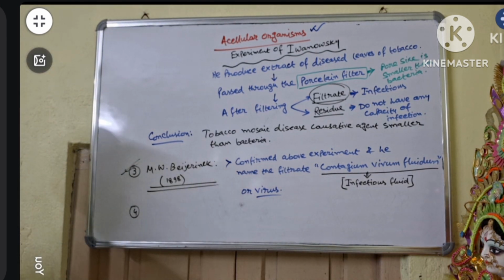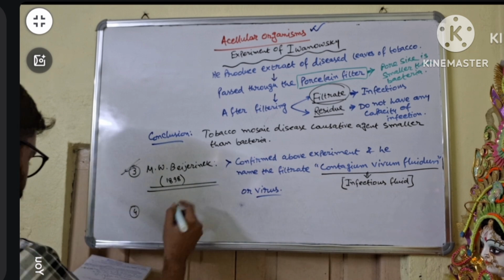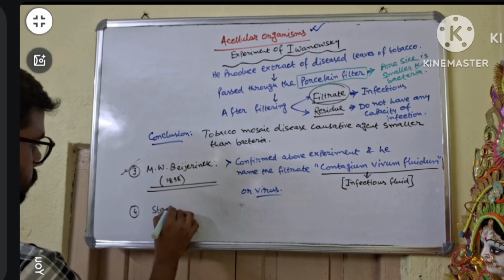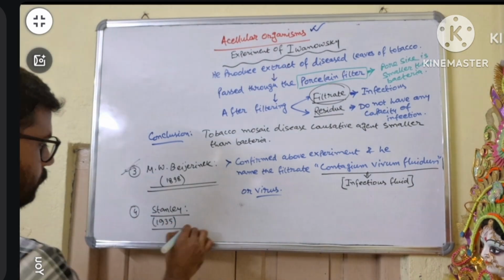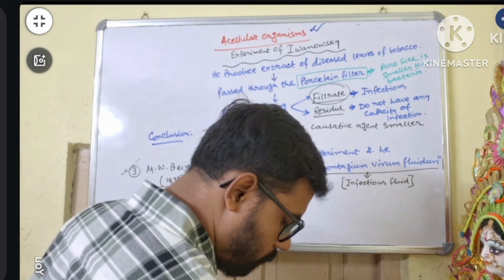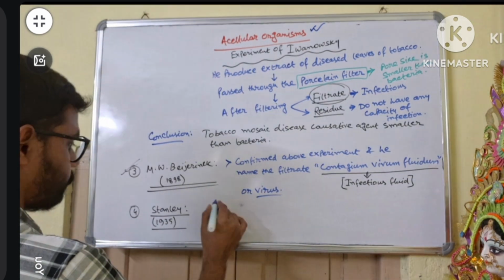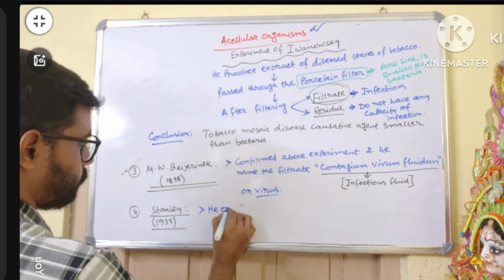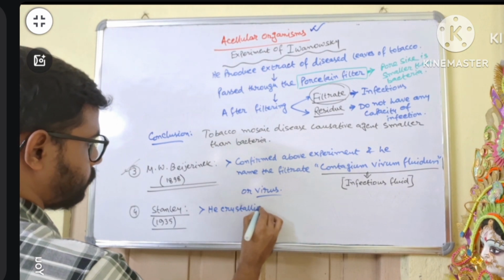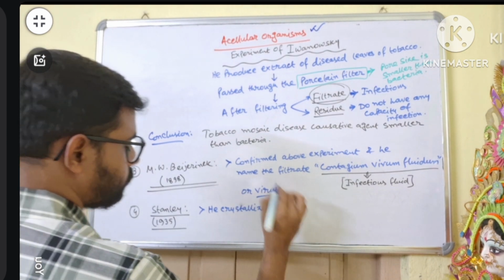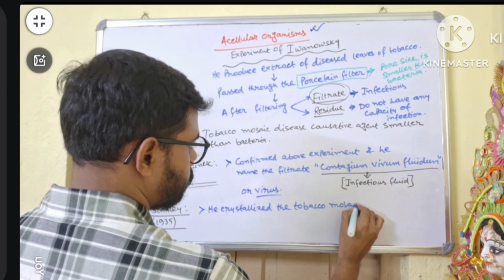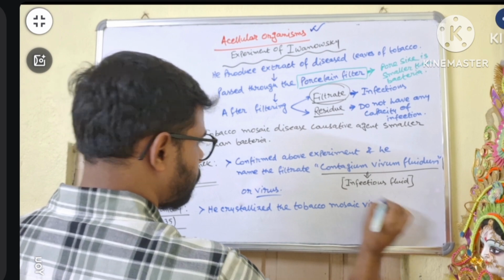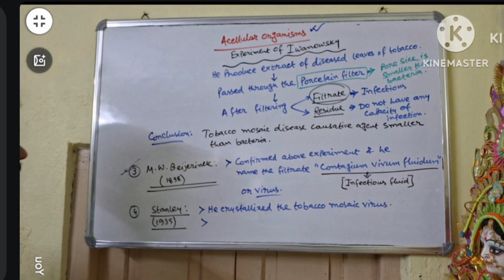After Behring's experiment, Stanley in 1935 crystallized the tobacco mosaic virus. So virus crystallization is possible, and that was observed and done by Stanley.